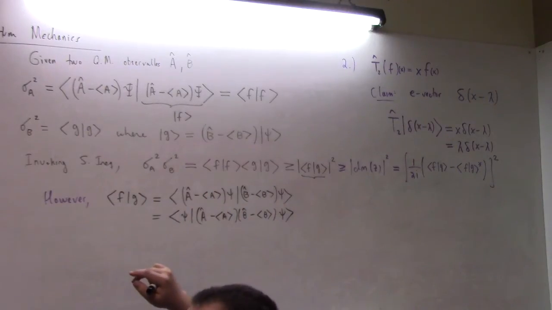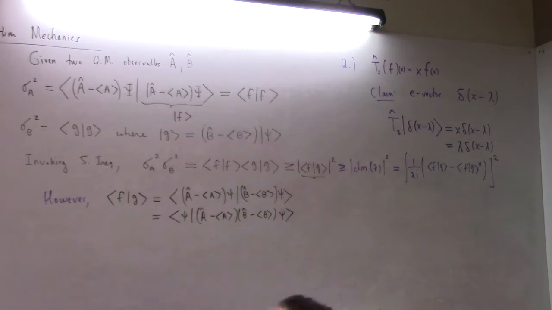So I'm using the fact that A is Hermitian. And by the way, if A is Hermitian, this operator, a really boring operator, is also Hermitian. Long story, uninteresting story short.